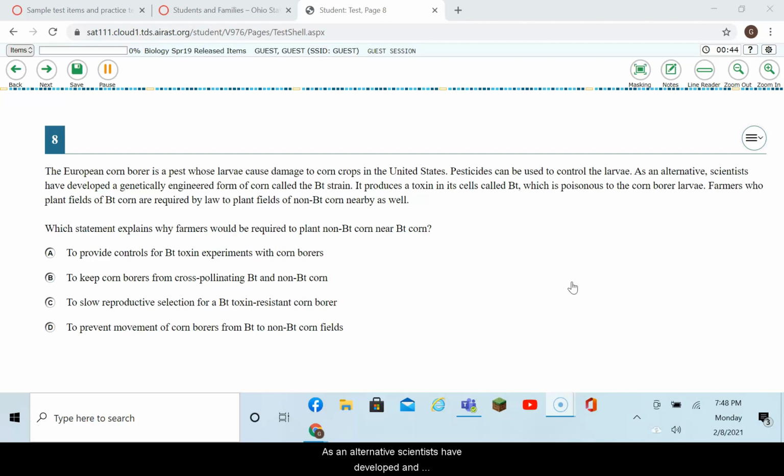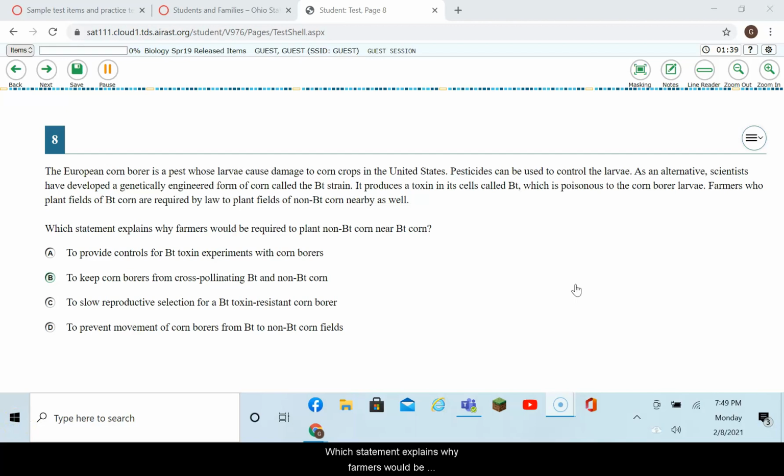As an alternative, scientists have developed a genetically engineered form of corn called the Bt strain. It produces a toxin in the cell called Bt, which is poisonous to the corn borer larva. Farmers who plant fields of Bt corn are required by law to plant fields of non-Bt corn nearby.